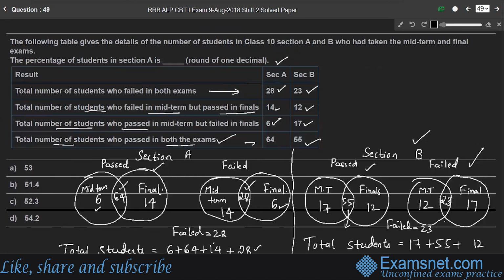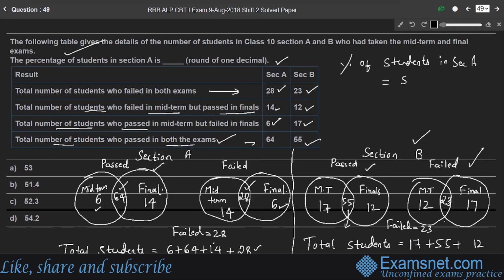Total students. Here the question is the percentage of students in section A. So percentage of students in section A means, out of total students, what percentage of students are there in section A, right?